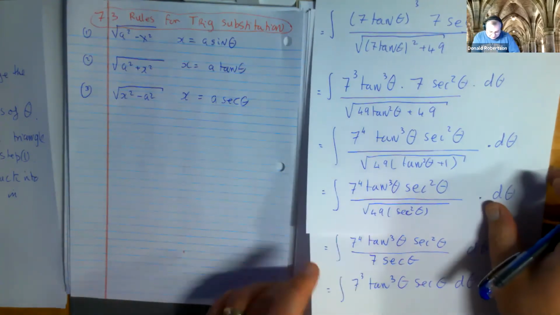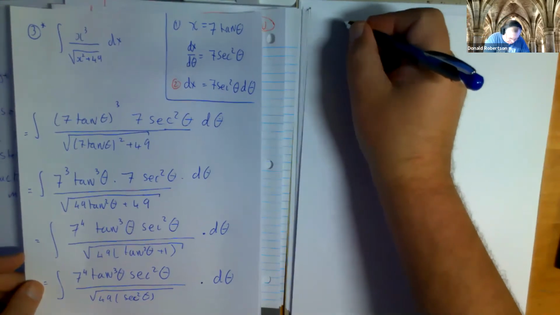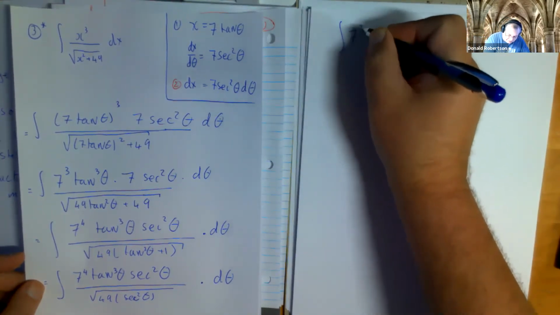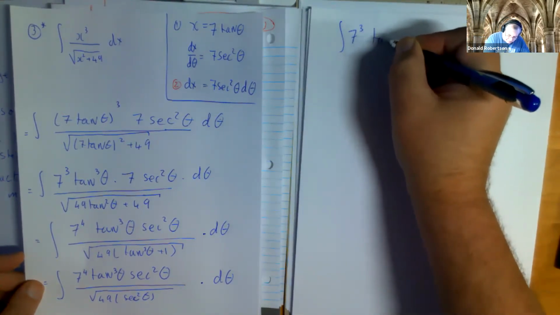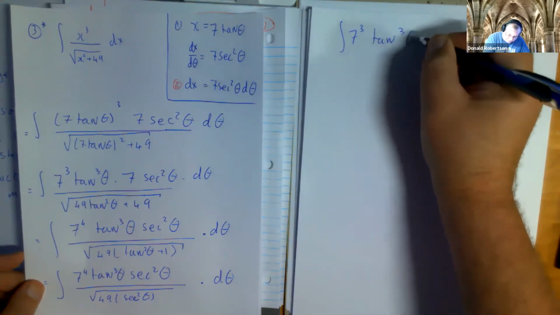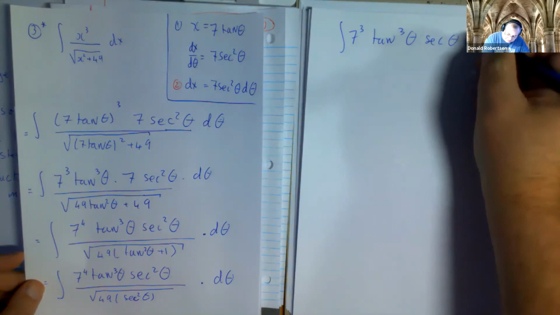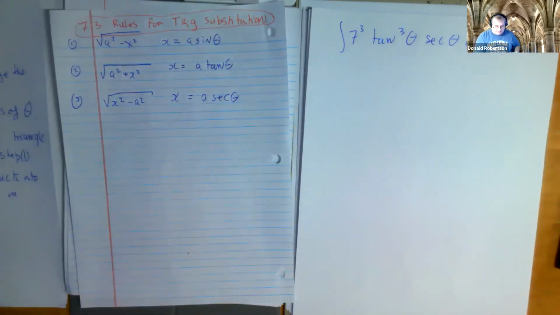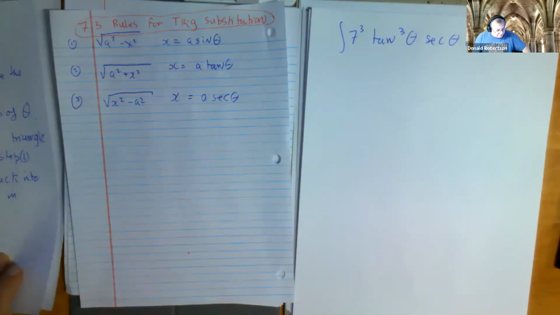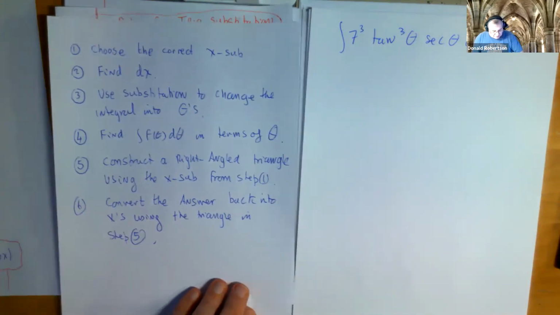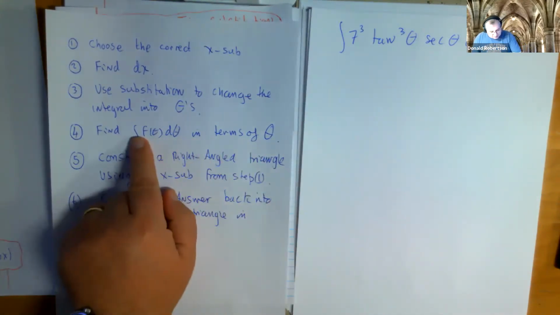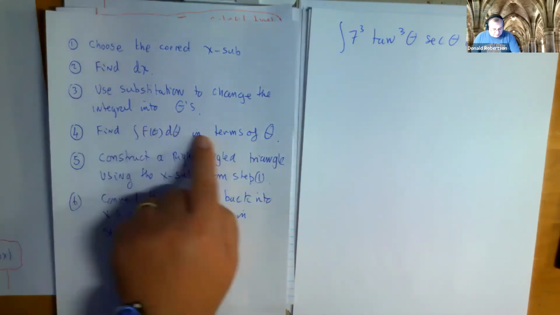Right, I'm just going to move this to the top of a new line. So I'm just repeating that last line. It's 7 cubed tan cubed theta secant theta d theta. That's where we are right now. And we haven't even, well, we've kind of finished 4, right?